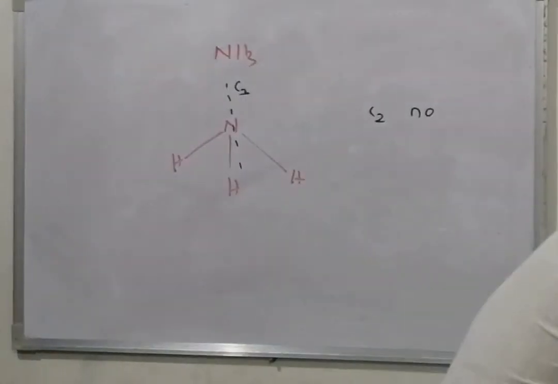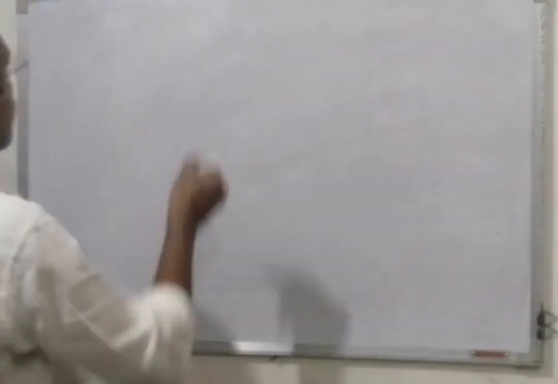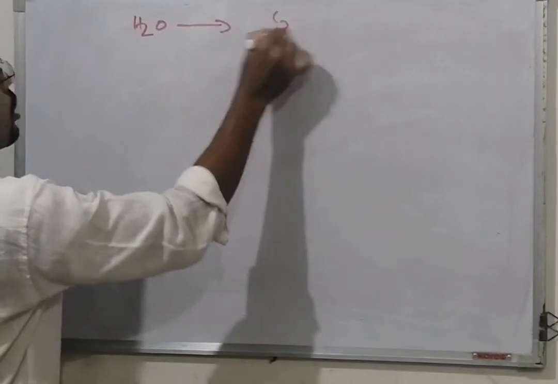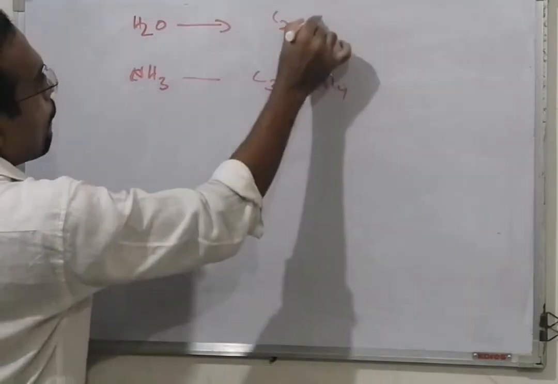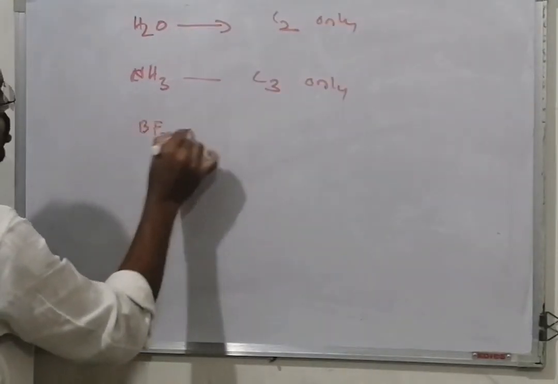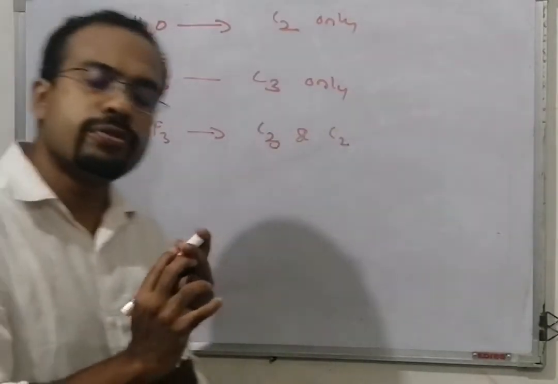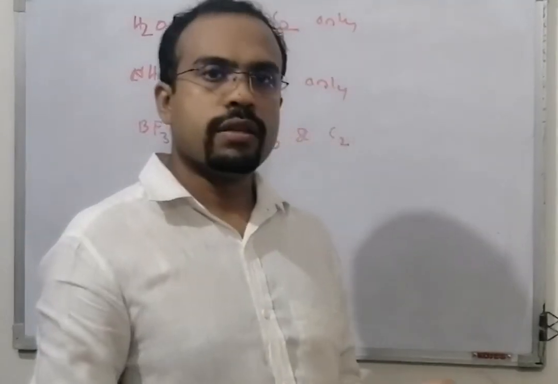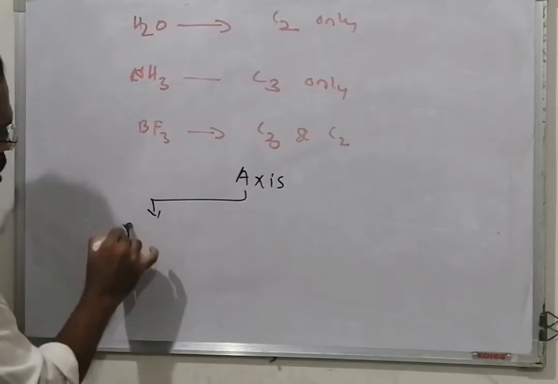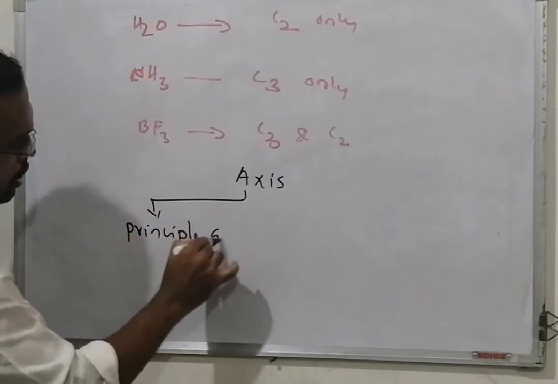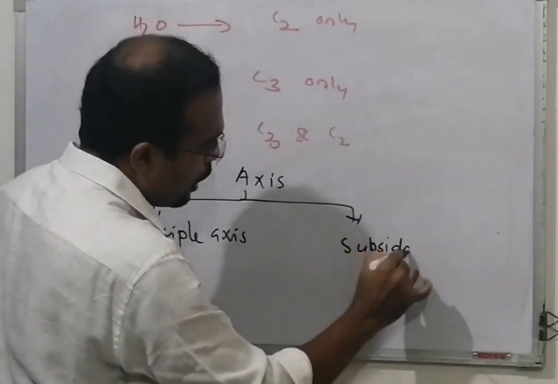Now, from these examples, this is our criteria. Water has C2 only, ammonia has C3 only, but BF3 has C3 and C2. Therefore, a molecule can have more than one axis. Therefore, axes are divided into principal axis and subsidiary axis.